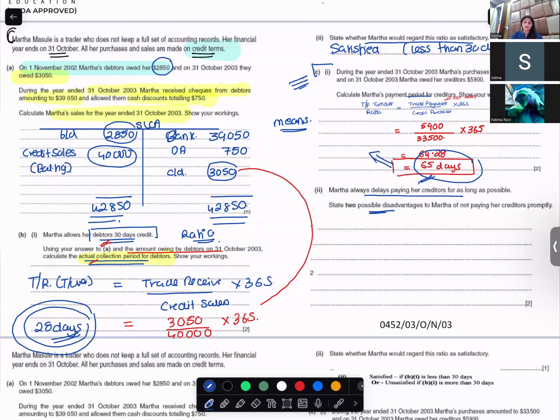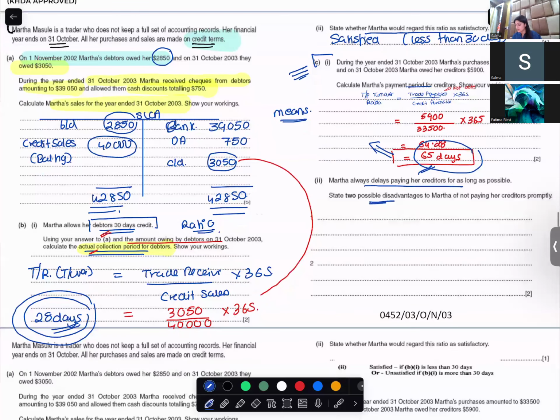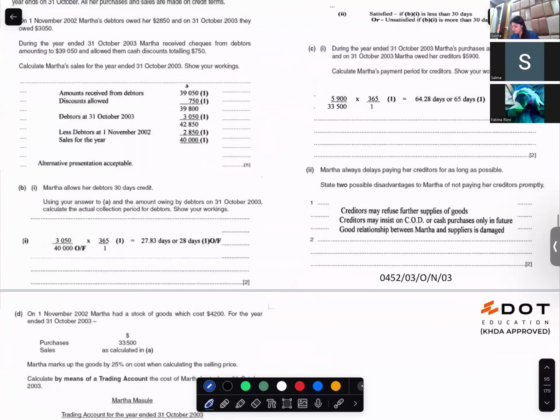Read the question and answer this to me, please. State two possible disadvantages to Martha for not paying her creditors promptly. She's paying them later than what they're supposed to be paid. So what is the disadvantage of it?